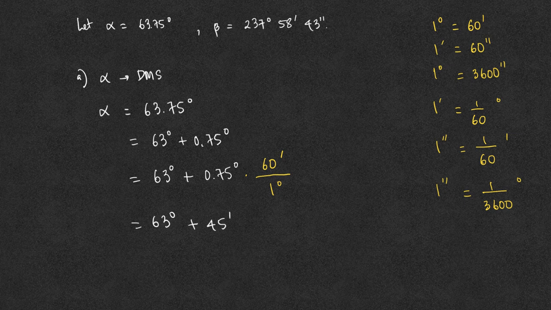There's no decimal part of the minutes, so we are done. This is 63 degrees, 45 minutes, and therefore 0 seconds. If there were decimal parts of the minutes, we would have to convert them into seconds.